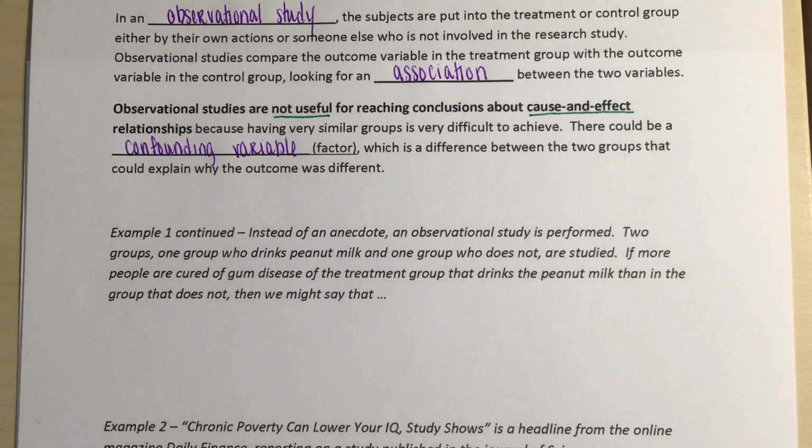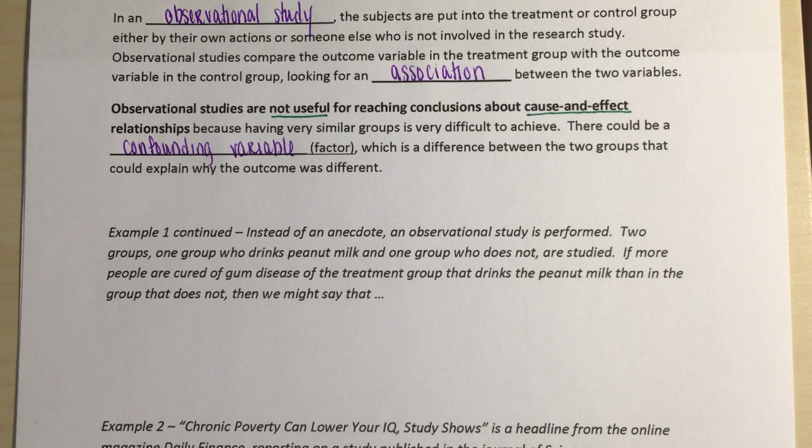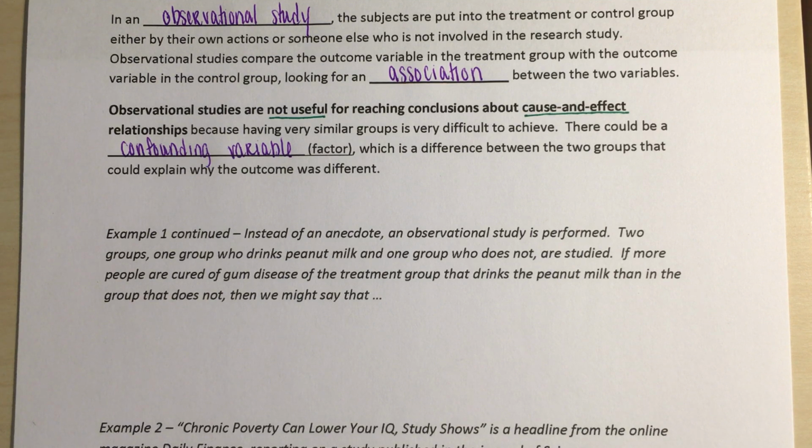So if we take a look back at example 1, instead of an anecdote, an observational study is performed. Two groups, one group who drinks peanut milk and one group who does not, are studied.